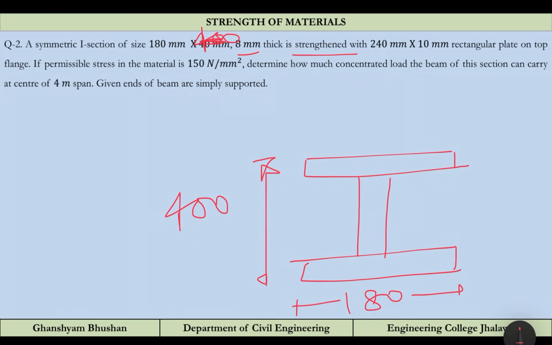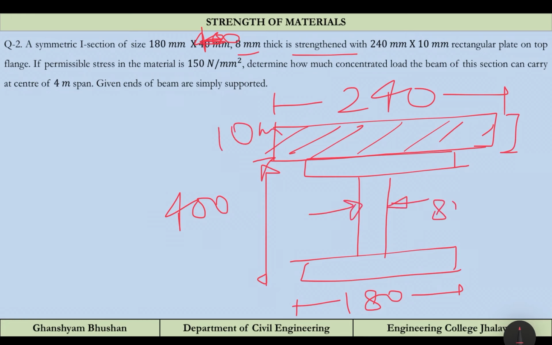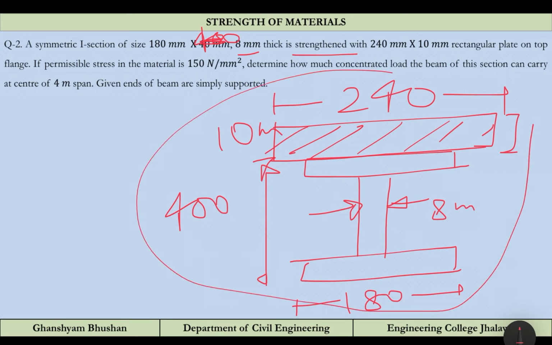Symmetrical is there, so we have to put one plate like this. The plate is 240 in length and 10 mm in depth, and the thickness of the I section is 8 mm everywhere. So this is the beam we have to deal with. There is symmetry about this axis, but about the x axis it is not going to be symmetrical.